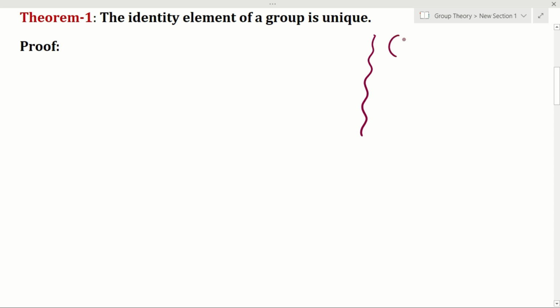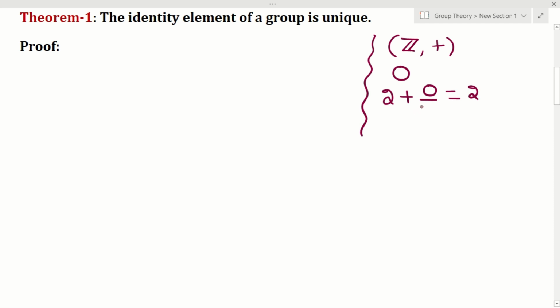We know that Z plus is a group, and what is the identity element in Z? 0, because if we consider an element 2, what is the element we should add so that I get 2? And the element is 0. And this identity element should belong to the given set.